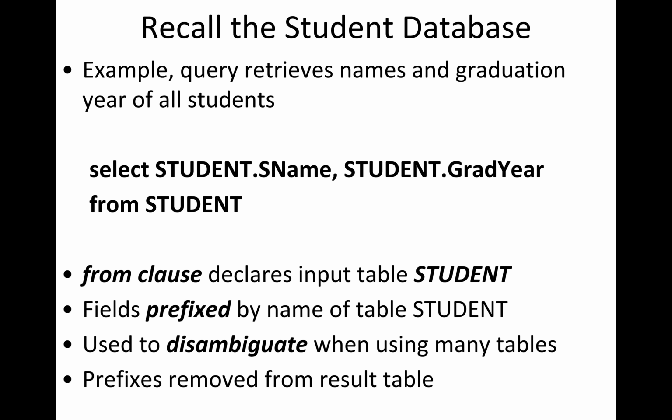It's an optional syntax. It's only needed when there's an ambiguity of which field exists inside of which table. In this particular case, it's only one table, so there's no ambiguity that the student name and the graduation year are from that particular table. So typically, we would not use the prefix in front of the field.